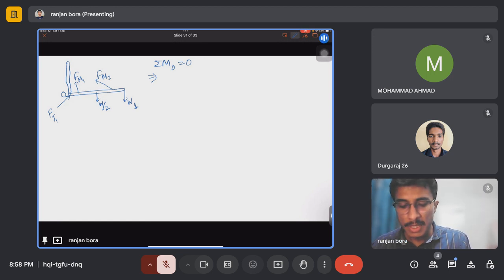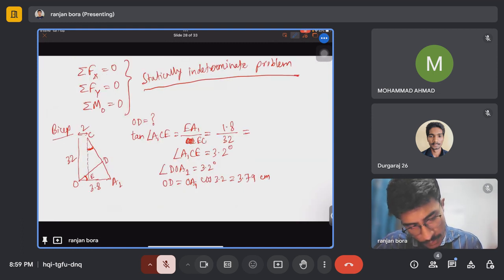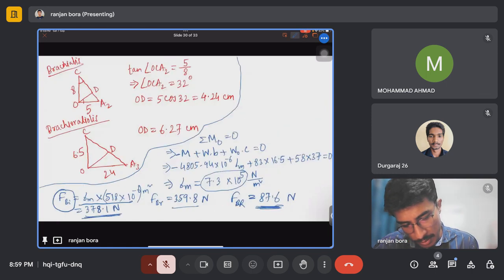FM1 is producing an anti-clockwise moment, that will be positive. FM1 times, what was the moment term for biceps muscle? 3.79. And FM3 brachioradialis 6.27.